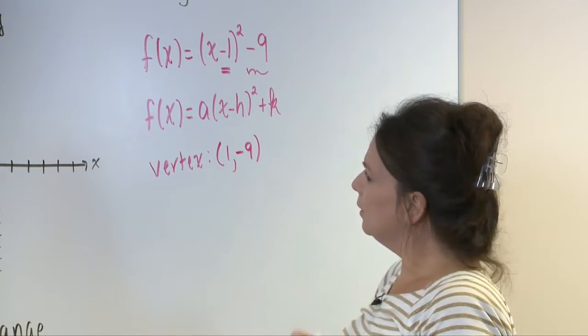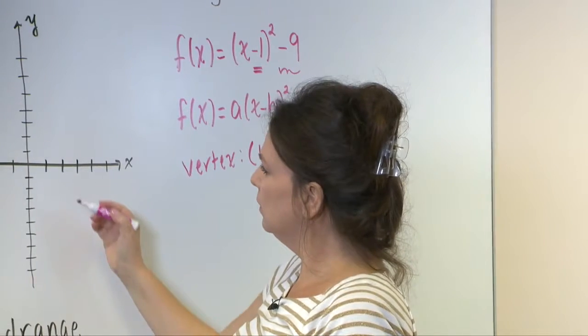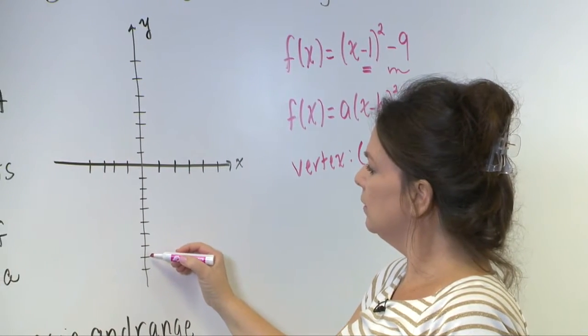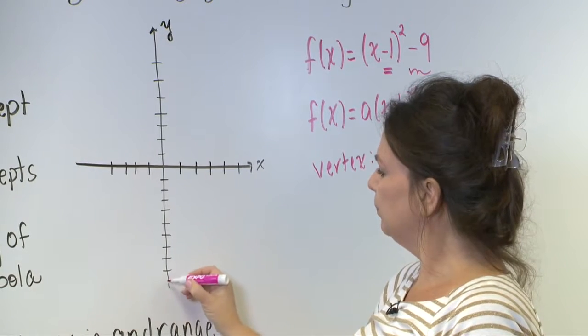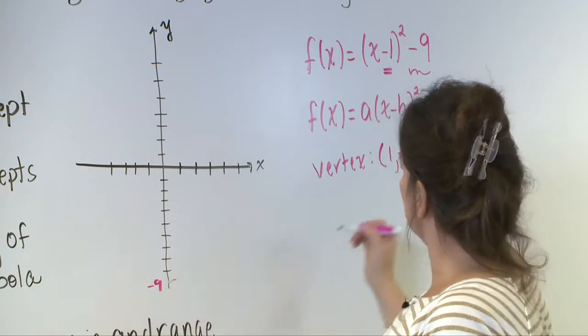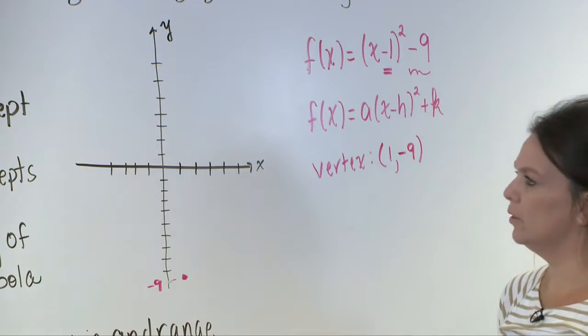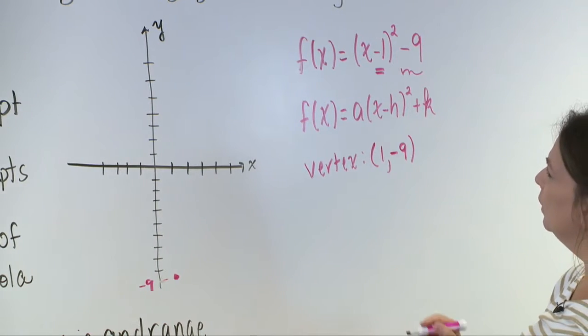So we'll start by graphing the vertex. So we have negative 1, 2, 3, 4, 5, 6, 7, 8, and 9. So we have (1, negative 9) for the vertex of the parabola.